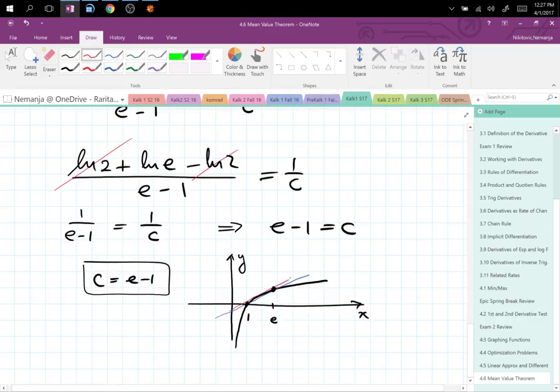But these two, blue line and red line, they are parallel. This value over here is e minus 1. Exaggerated, this would look like this.